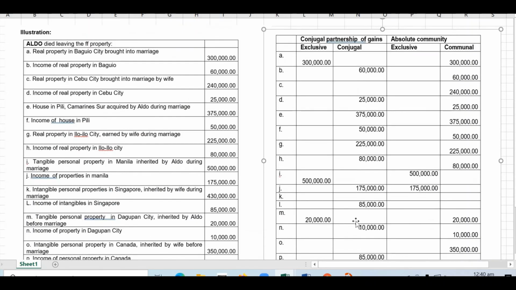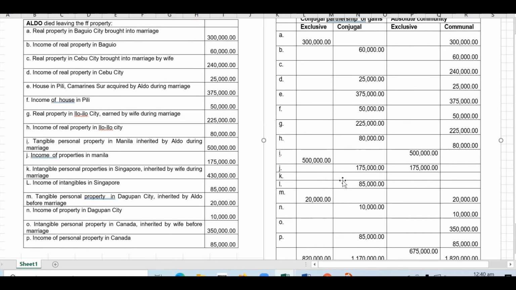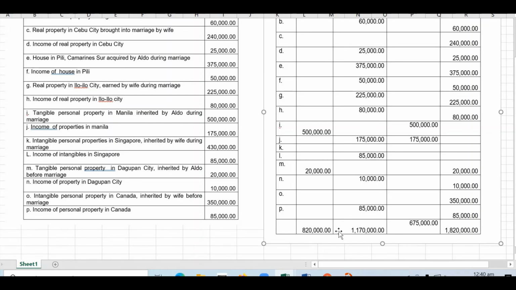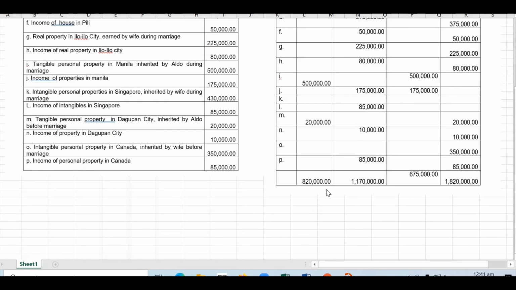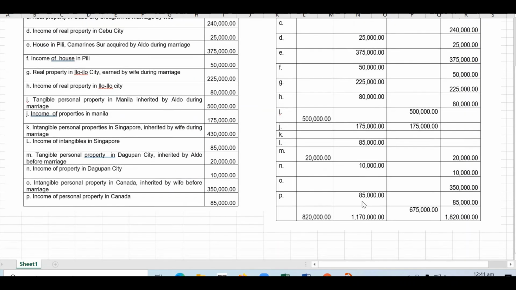Okay, so ito siya. Okay, so under conjugal partnership of gains, all exclusive properties are 820,000. Sa conjugal partnership of gains, 1,170,000. However, ang gross estate nito, i-add mo lang yung exclusive property plus conjugal property.